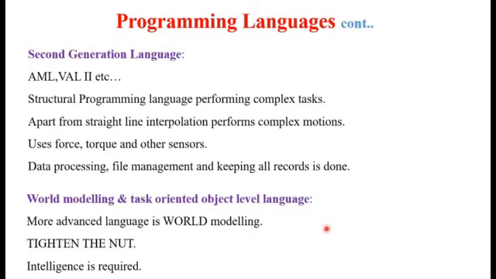In order to tighten these nuts, some robots are used, so that level of language or programming is required in the robot. That is world modeling, or again we can say task oriented language. In this programming, intelligence of the robot is required.